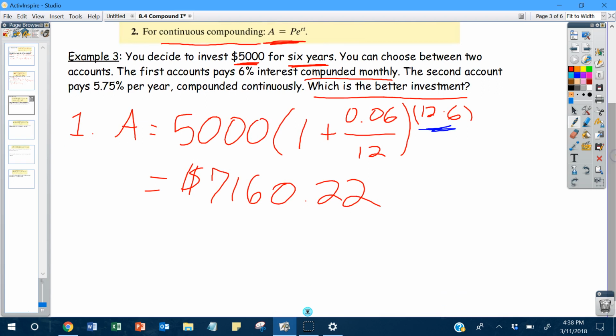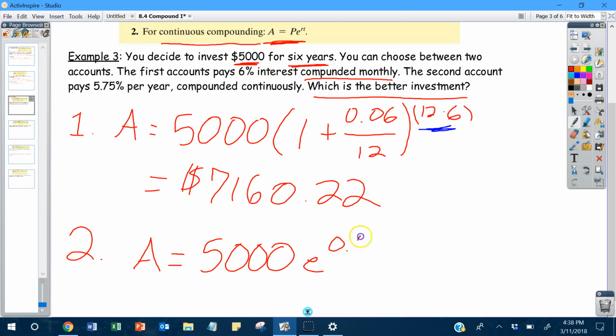The question is, what if I compound continuously? Is that going to give me more or less money? So I will use the second formula now. My future value is equal to the present value times e to the r times t, so to the 0.0575. It's a different interest rate in the second one.